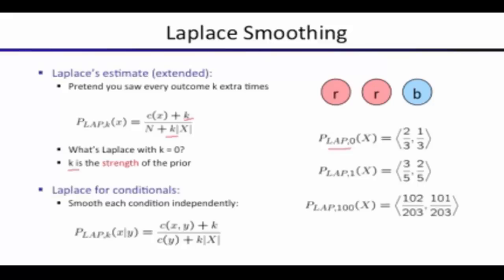And when you're estimating conditional probabilities, what we need for naive Bayes is to have these probabilities of features given the class. We just do this independently for each category.